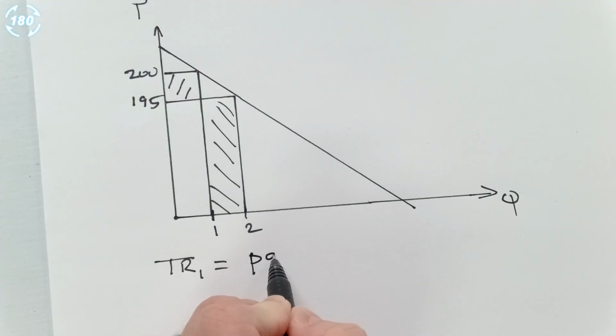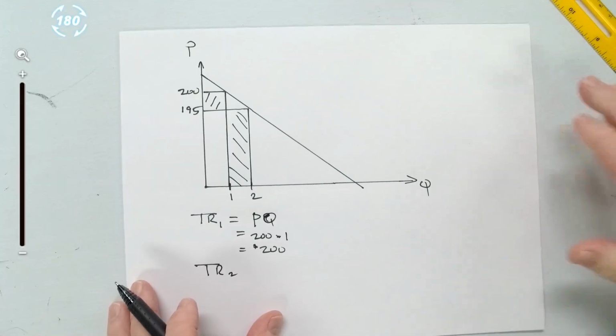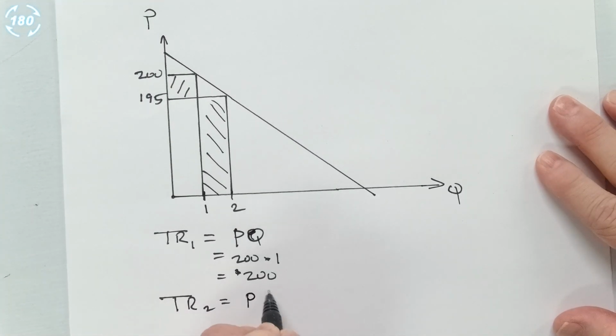So it's P times Q. Let me do a capital Q. So this is 200 times 1, $200. But now, what's the total revenue of 2 units? Well, price times quantity again, P times Q. In this case, it's 195 times 2. And that looks to be what?